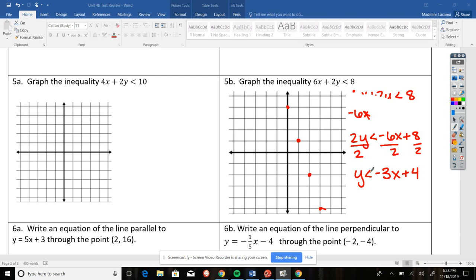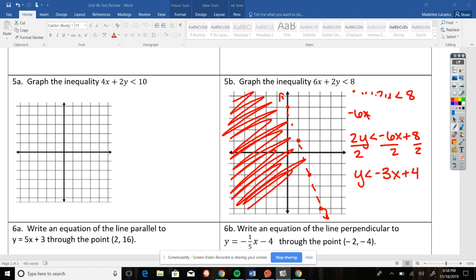And notice this one is y is less than, which means it is a dotted line. So we just connect those points with a dotted line. And it's y is less than, so we shade below the line. Now that's the first way to do it.